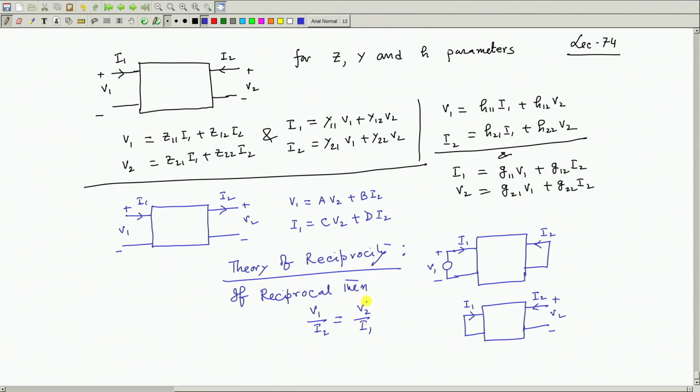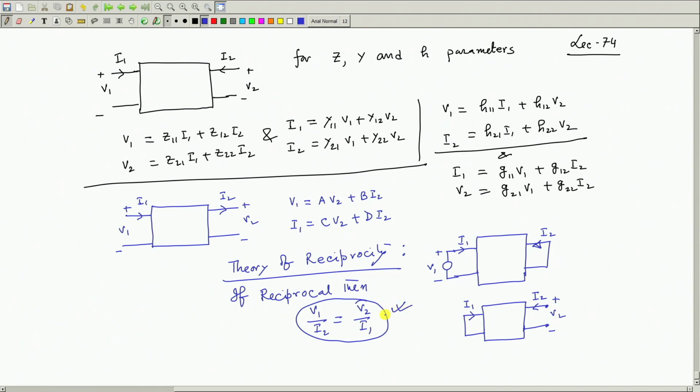Therefore, this ratio will be the same for a reciprocal network, which demands that the network elements should be linear like RLC and also bilateral. RLC are all bilateral, with no diode present like that. So, if this is V2, then this will be I1, and you see V1 by I2, the sense of the current I1 is also the same, flowing this way. This is the thing that should be verified.